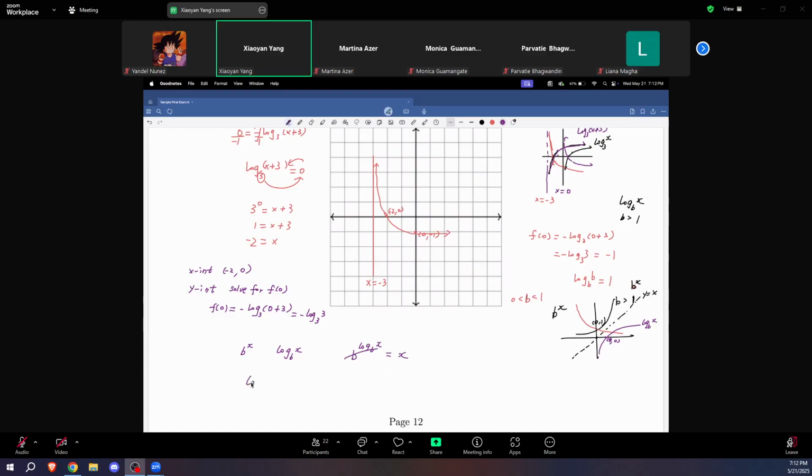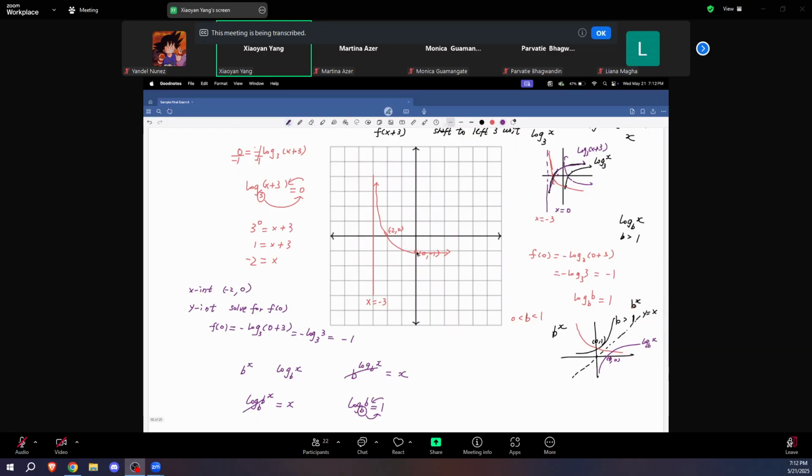Same thing the other way: log base b of b to the x also cancels, equal to x. So we notice that log base b of b equals 1. Another way to prove it is to use the definition: b raised to the power 1 equals b. So log base 3 of 3 equals 1. We just keep the negative sign, so it equals negative 1. So the y-intercept will be 0, negative 1.